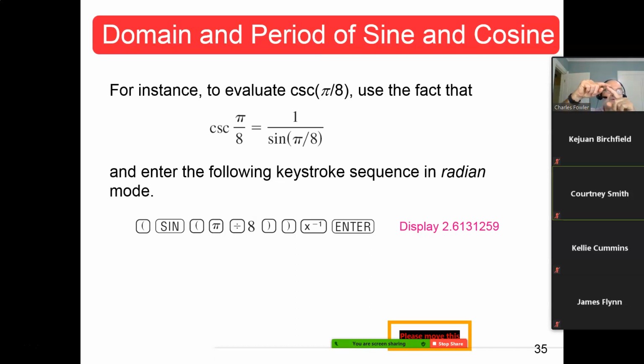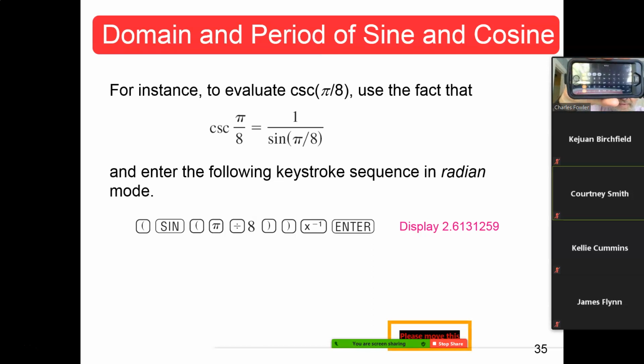It's always going to be something 1 or greater, -1 or less. Sine or cosine are in between -1 and 1. Secant and cosecant are outside of -1 and 1. So if you get an answer for a cosecant that's in between -1 and 1, you got the wrong answer. You probably have the sine or cosine.